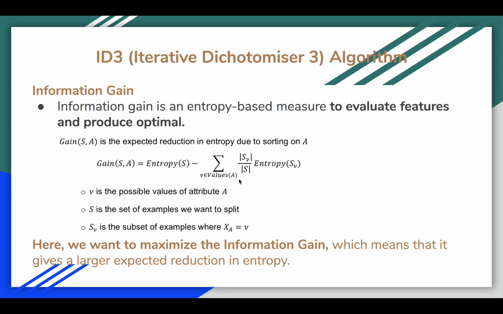This is the ratio of this value times the entropy of Sv. You can see that S is the set of examples we want to split, and Sv is the subset of examples for which the attribute value is equal to v. So here we need to maximize the information gain, which means that it gives a larger expected reduction in entropy.